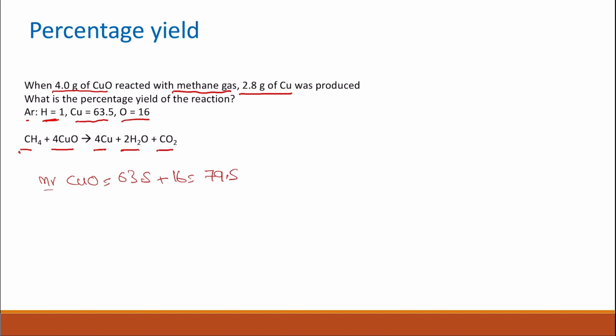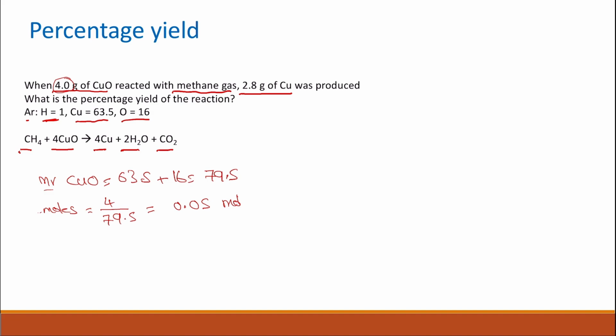So we need to find out how many moles of copper oxide have reacted. We know that 4 grams reacted, so the number of moles is the mass over the formula mass, 4 over 79.5, so there is 0.05 moles.